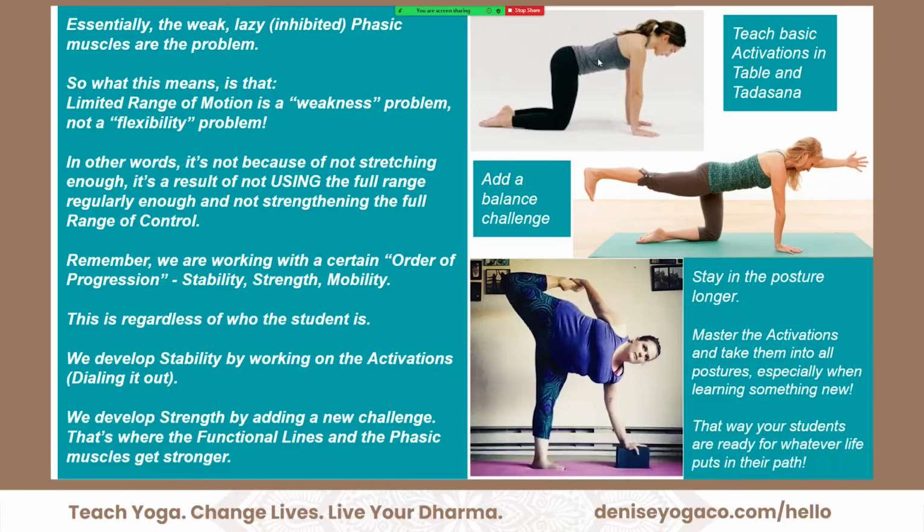Somebody learns how to activate their arms to their core in a basic table pose. They're going to add a new challenge in this next version, right? Lifting opposite arm and leg. There's actually a lot going on in this pose. Pressing down into this foot to create a foot to core connection, hand to core connection.